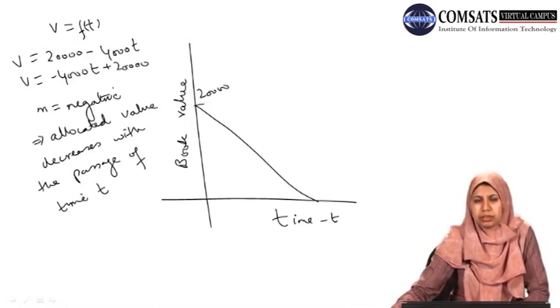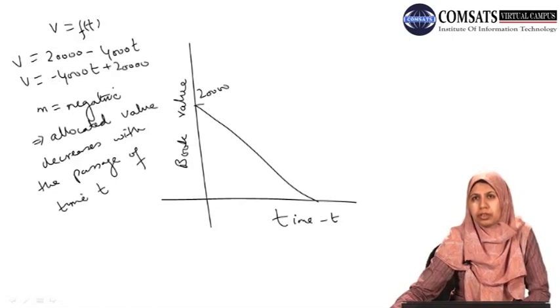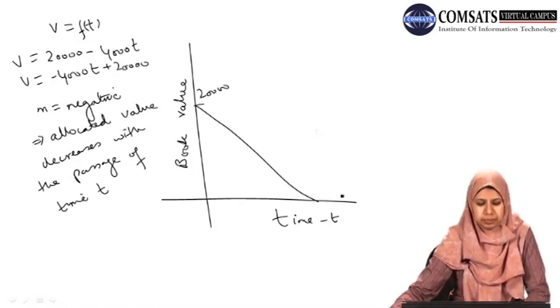So depreciation of any object is a linear function, a straight line, always negative, and the book value of any asset can be calculated in terms of time with the help of depreciation.